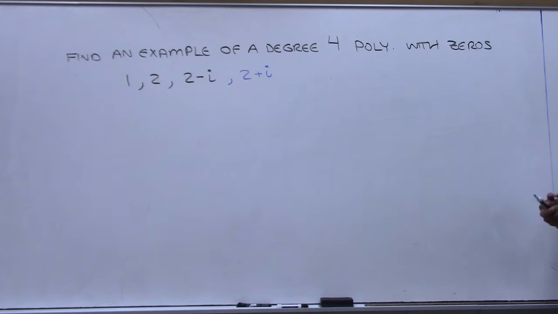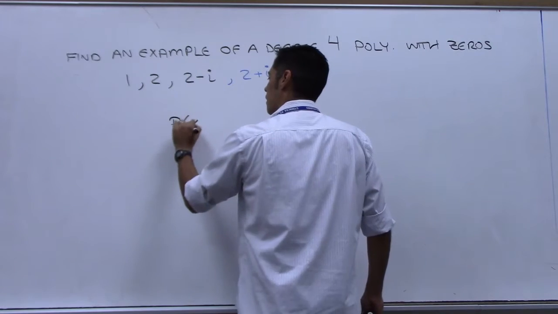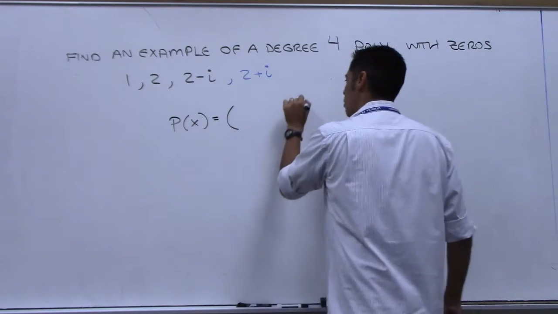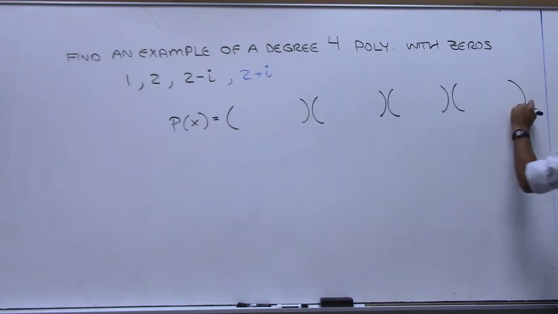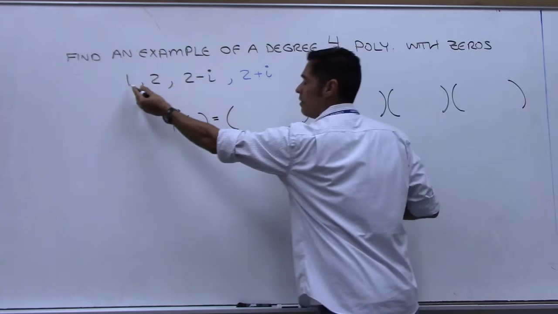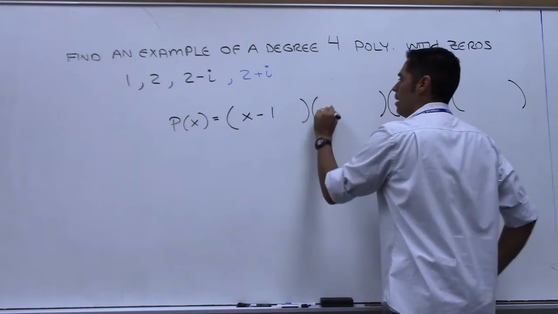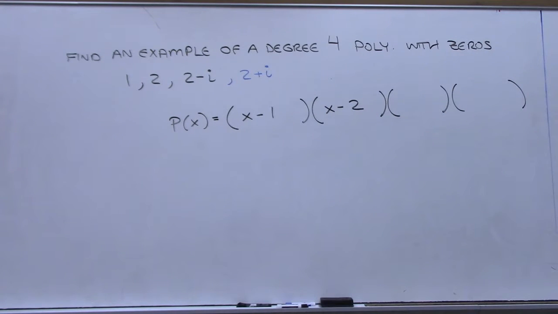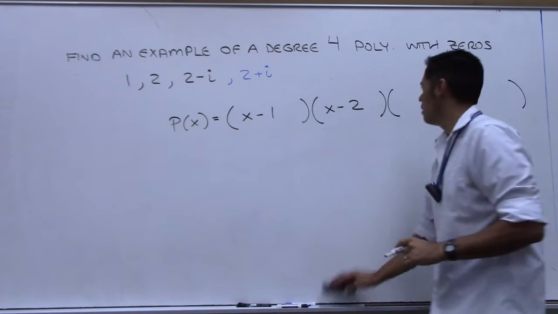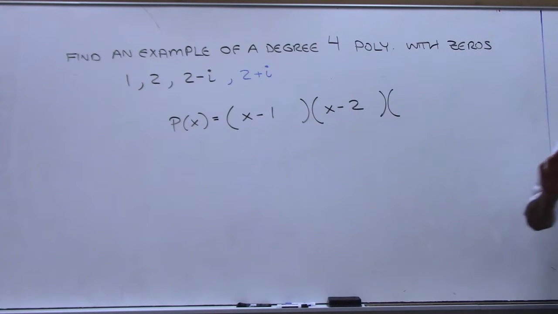And then what I can do is I can construct the polynomial knowing that I'm going to have a total of how many of these factors? 4 of them, right? Using 1, I can do the opposite, x minus 1, and for 2, x minus 2. Hold on, Lily.